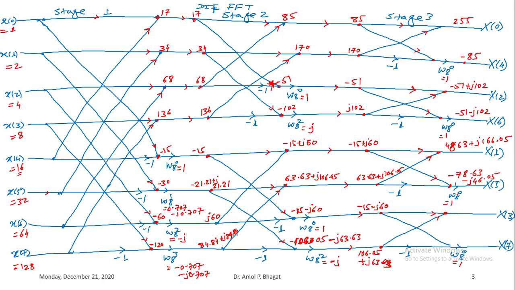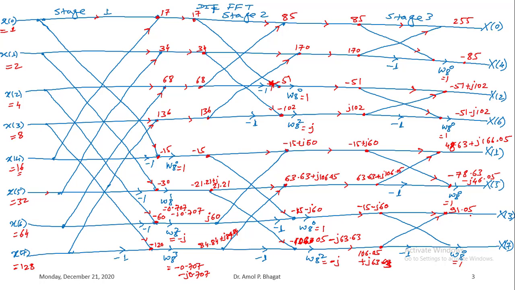So here when you compute this 106.05 minus 15, okay, so here you will get 91.05, okay, and this minus J60 plus J63.63, right?